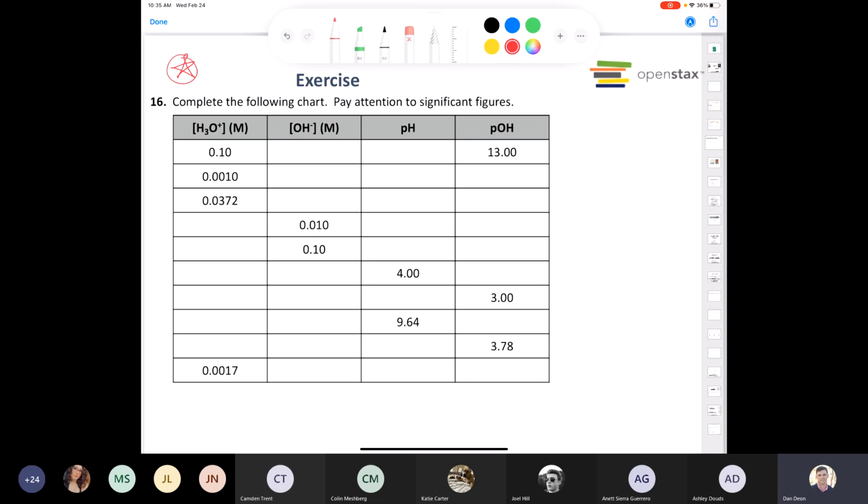If you're like, oh boy, I'm not 100% sure about this, give this problem a shot. I can't guarantee it, I don't promise anything, but I would think that if you were able to fill out this whole thing, by the end, not only would you be sick of it, you would probably understand what's going on with concentration of hydroxide, hydronium, pH, and pOH. So question 16, one to give a try.